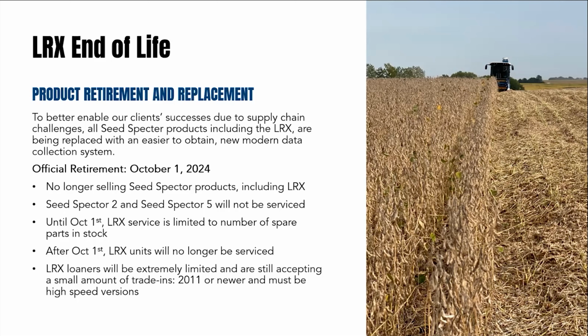If it does require a hardware piece or a part that we just do not have in stock or do not have any longer, we'll have to say it's not available to service. So after October 1st, that's where we're drawing the line in regards to end of life on the LRX, and we will not be able to service these units at all.